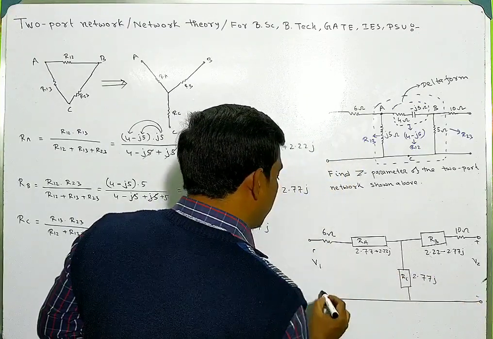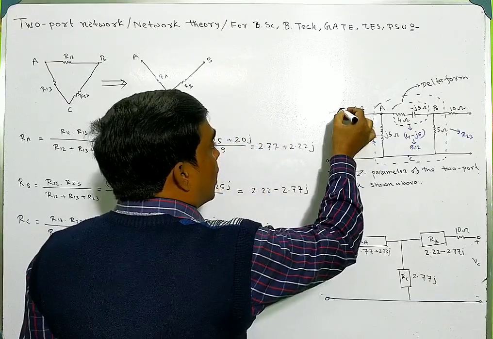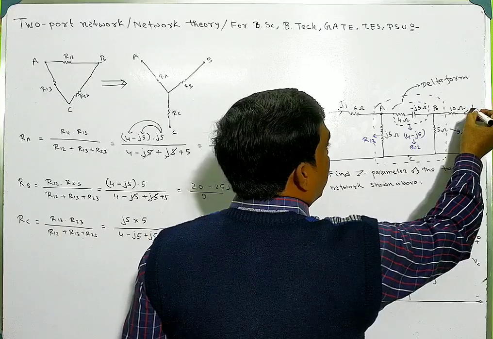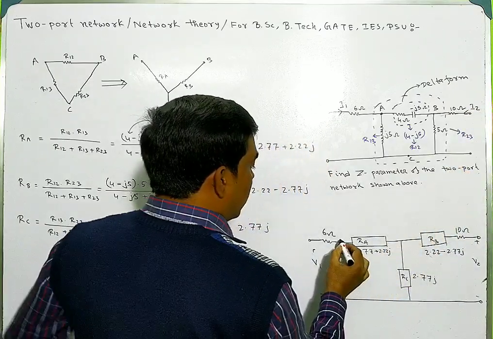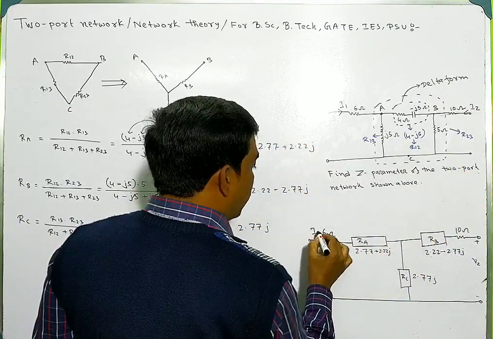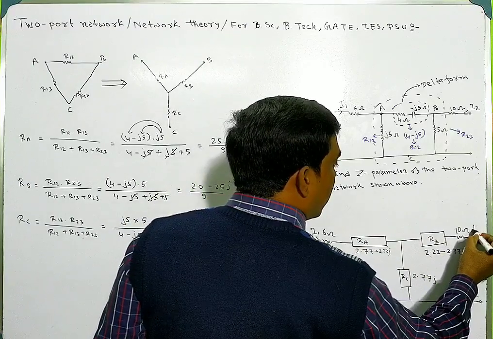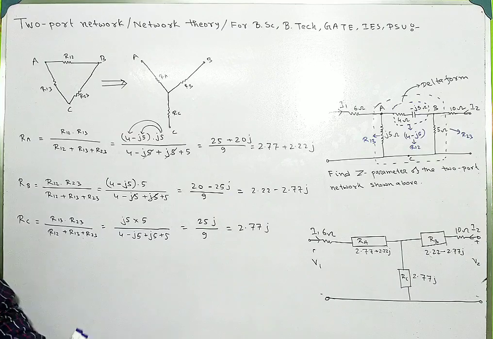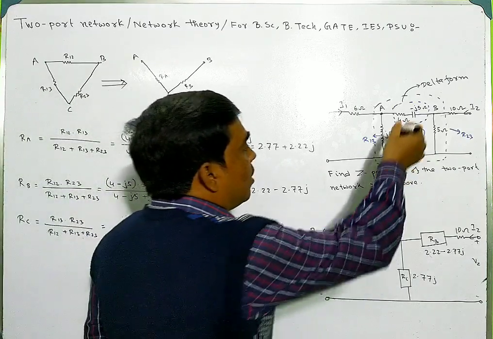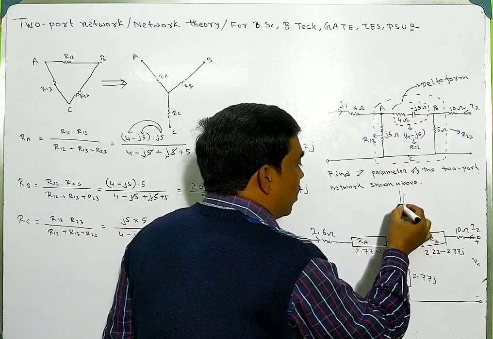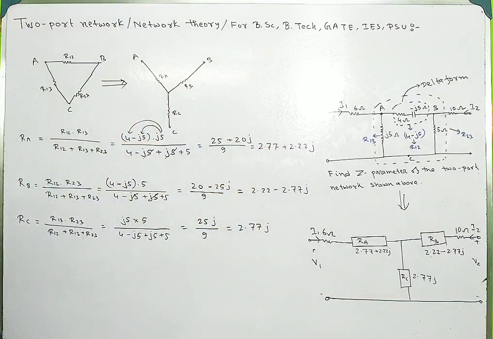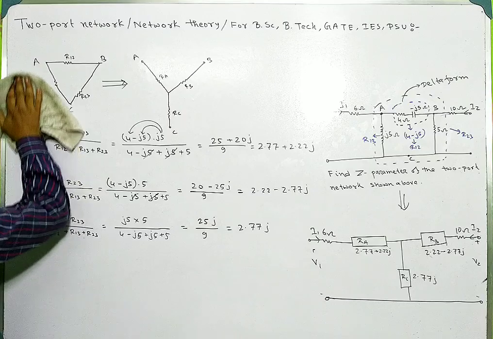Okay, this is V1, this is V2, and here this is current I1, this is current I2, for the two-port network. So here I transfer this network into a T form by using delta to T transform.